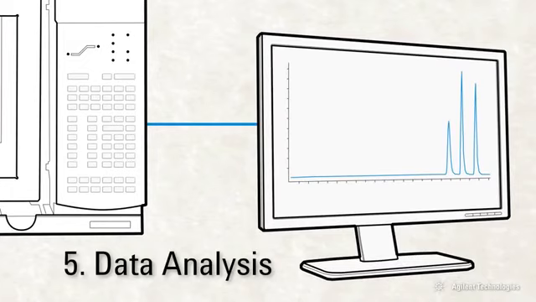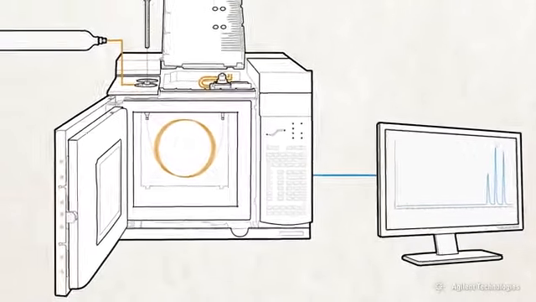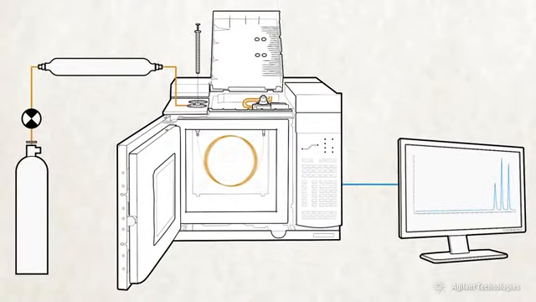A PC-based data system, like the OpenLab chemical data system, is used to process the digitized signal from the GC and use various mathematical calculations to determine peak areas, peak heights, peak widths, and retention times.